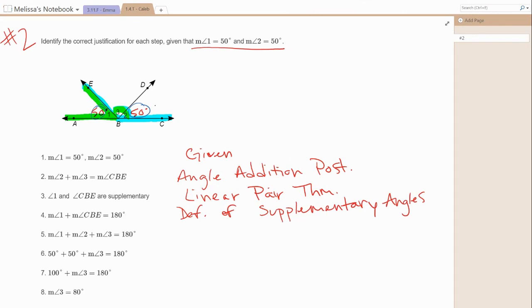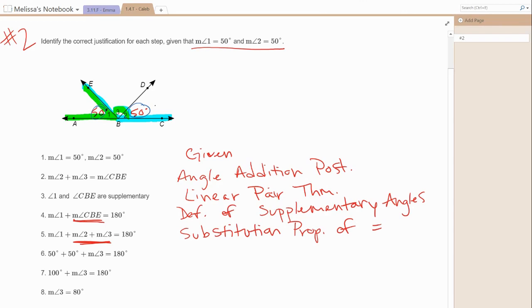The next step has the measure of angle 1 plus the measure of angle 2 plus the measure of angle 3 is equal to 180 degrees. So all they did here was substitute in for CBE for the measure of angle 2 and 3. So that's going to be substitution property of equality.